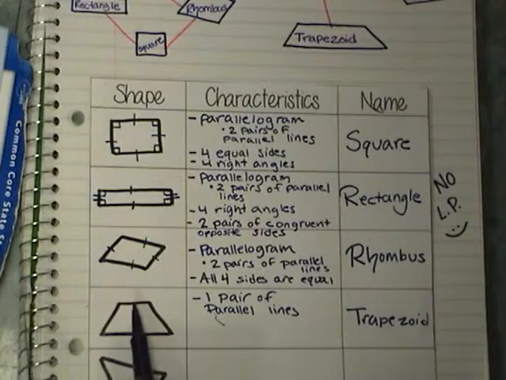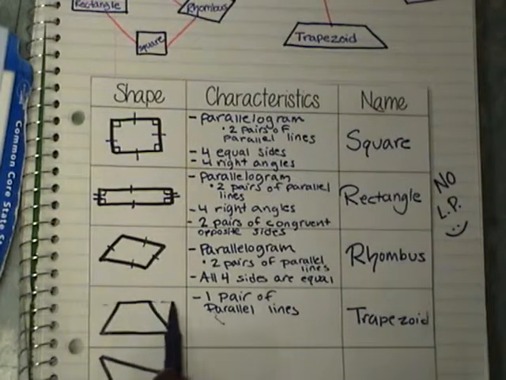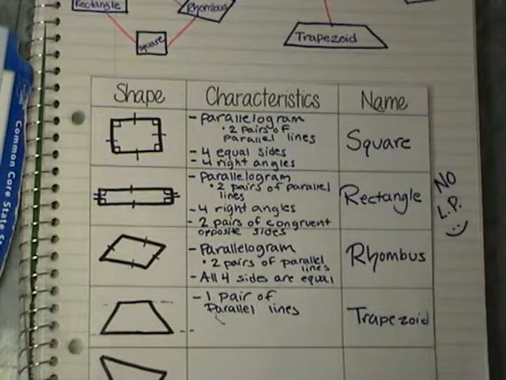And you can see it right here. This is going to be your parallel, and this is going to be your parallel. They never, ever, ever touch. On trapezoids, they might look a little bit different sometimes, but the main characteristic is that they have four sides. All of these shapes have four sides, and specifically to a trapezoid, they have one pair. So you're going to have a parallel line and then another parallel line.